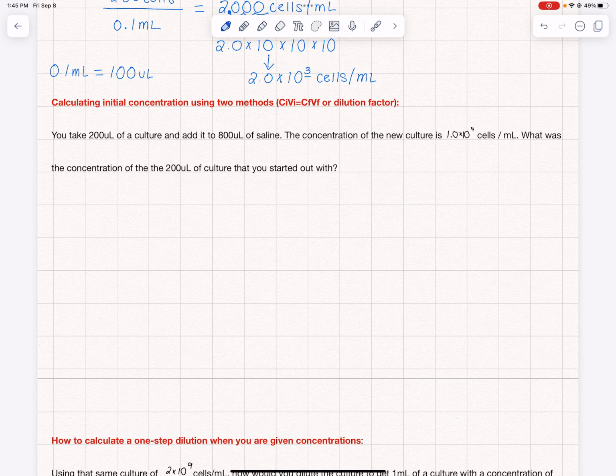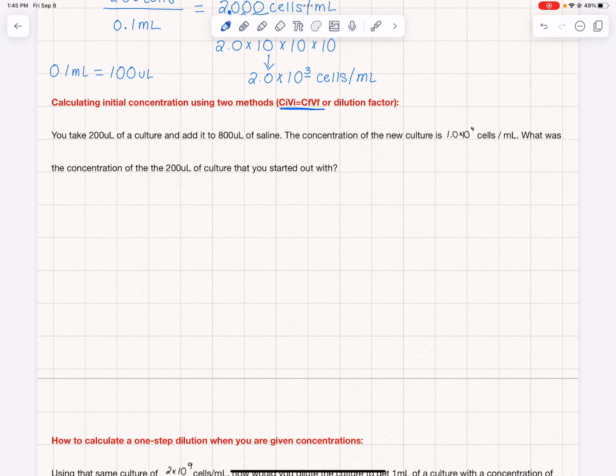In our next scenario, I'm going to be showing you 2 different ways in order to calculate initial concentration. So for starters, we're going to work through this problem the long way using our equation CIVI equals CFVF.